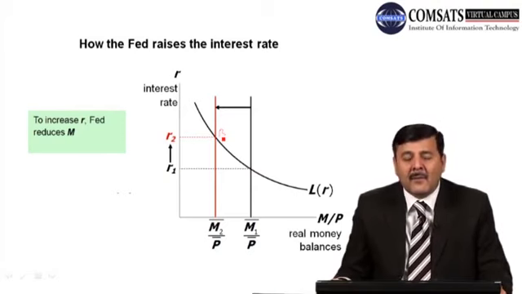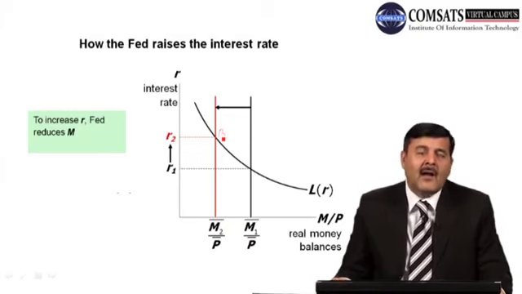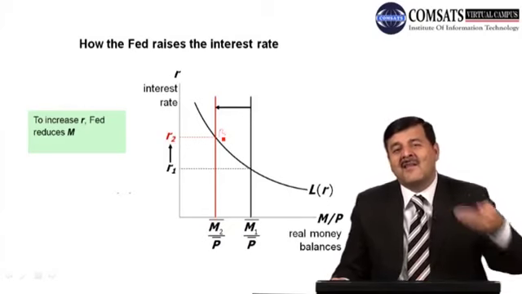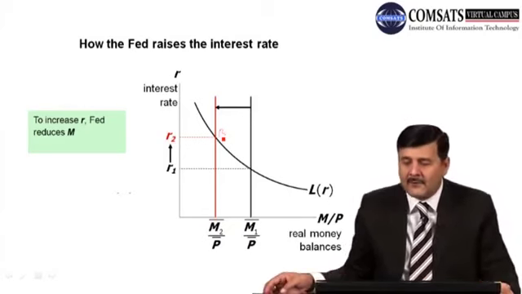By reducing money supply in the economy, the rate of interest will go up, and the quantity of money demanded and supplied will go down, right? So this is how the central bank of a country can affect the equilibrium in the money market, and can increase or decrease the rate of interest by using monetary policy, by using money supply in the economy.